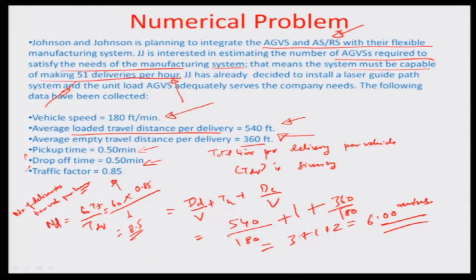So for 51 deliveries needed, 51 divided by 8.5, about 6 vehicles would be needed to do this job. Okay, so that's how you calculate the number of AGV vehicles needed.